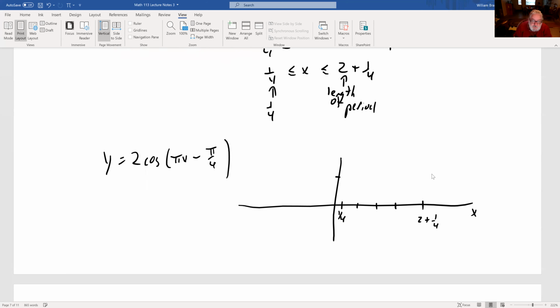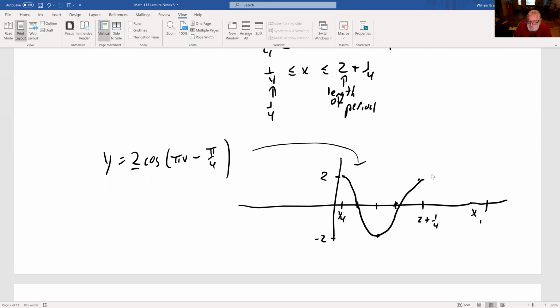Put in my amplitude, which is from 2 to -2. So that's my amplitude. What does cosine do? Positive, 0, negative, 0, positive. So one cycle of cosine will look like that. So that's that graph. And then it can continue, right?